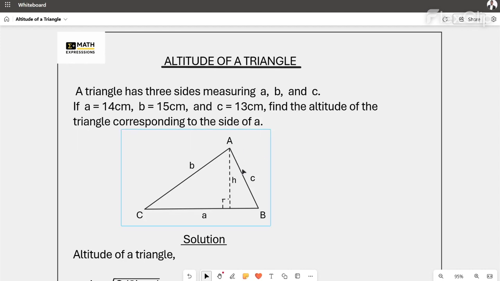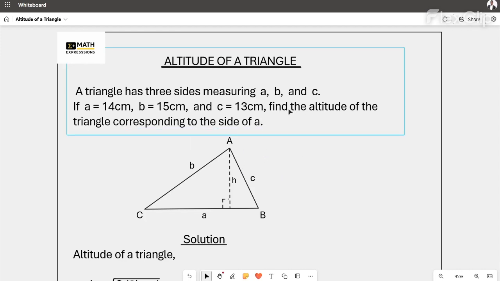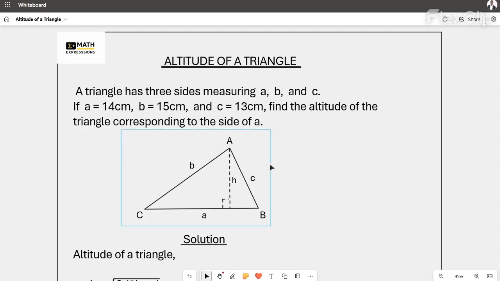Now, we have drawn this diagram to explain what this question is trying to tell us. This is a triangle ABC of length A, B, and C. And this line you are seeing here, this line H, is the height of this triangle.